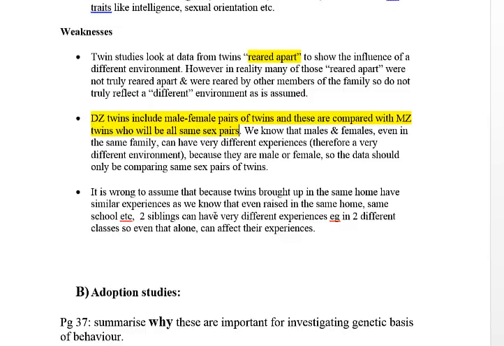And that can be identical twins as well as non-identical twins, so MZ or even DZ twins. So we're assuming that the ones brought up together are exactly the same, that they've got the same experiences. Actually, they haven't. They've got different life experiences as well. Maybe quite similar, but still different. So that's twin studies. Right, let's move on to adoption studies.